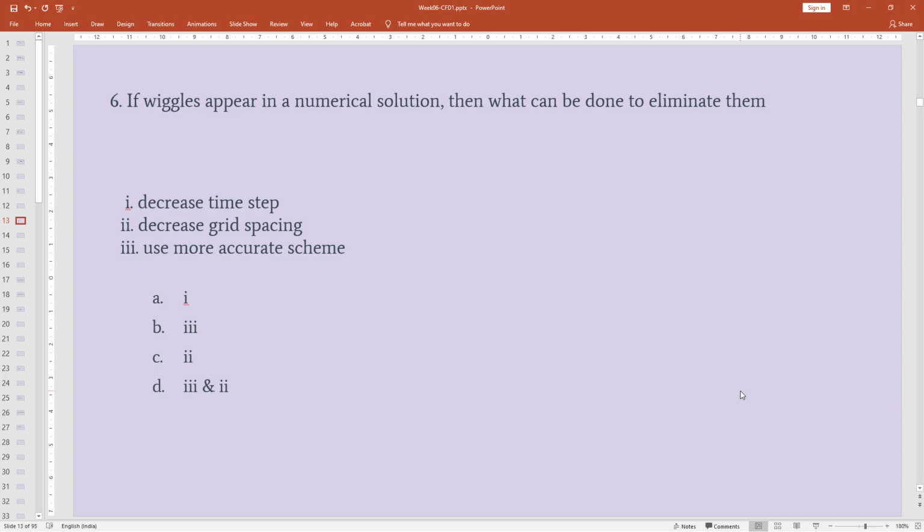What can be done to eliminate numerical wiggles? You can think in terms of central differencing scheme or something.